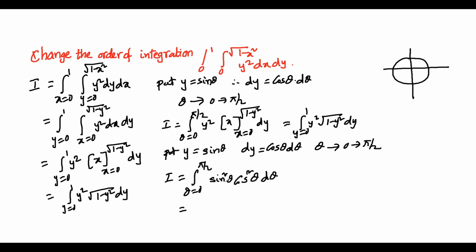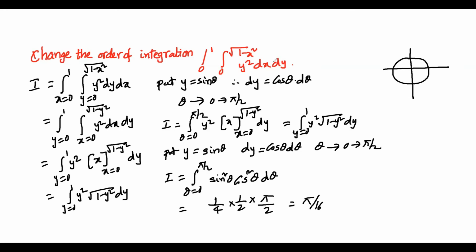Now here sin pi by 2 is 1. So sin square pi by 2 is 1, and again upper limit minus lower limit we have to do. Can you do sin square theta into cos square theta d theta by the reduction formula, or using the UV method?